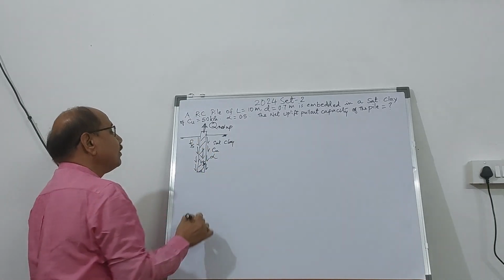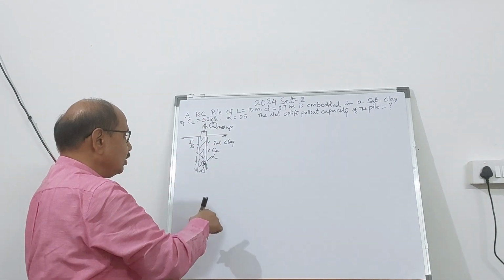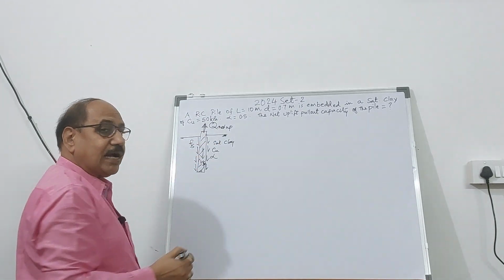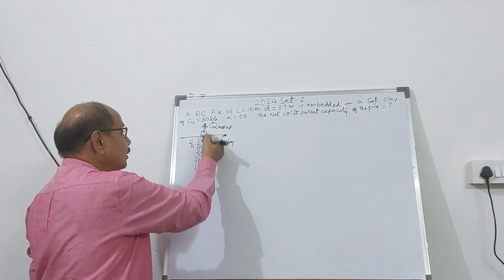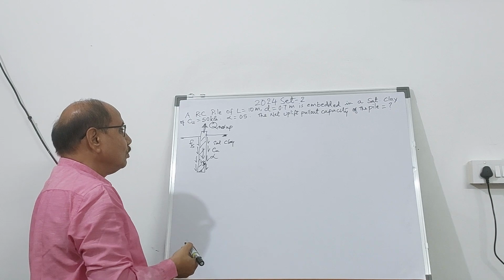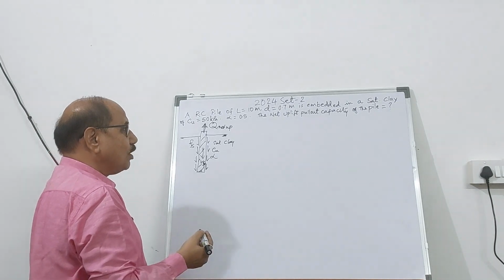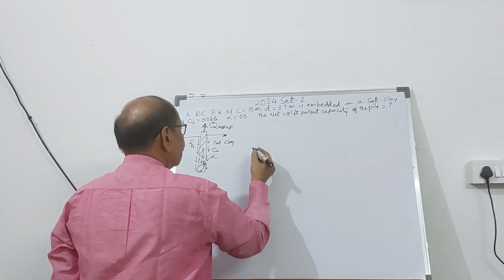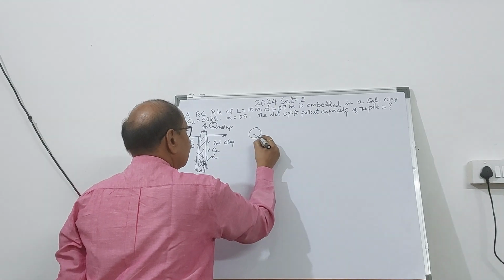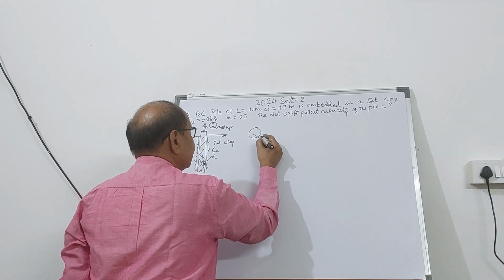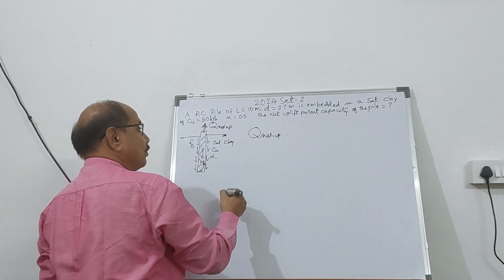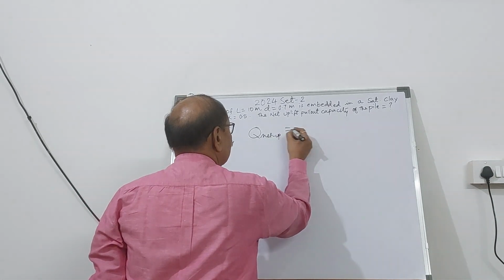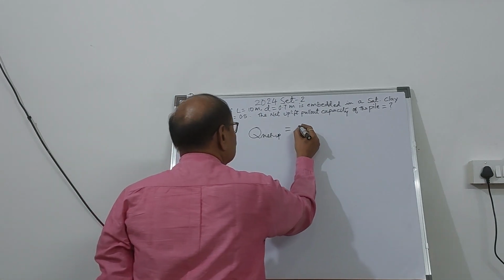So unit skin friction will be acting in the downward direction, and the weight of the pile will also be acting in the downward direction when you are going to pull the pile in the upward direction.